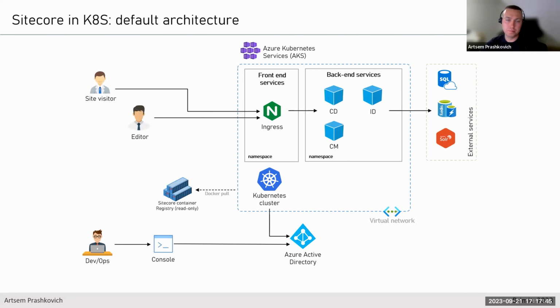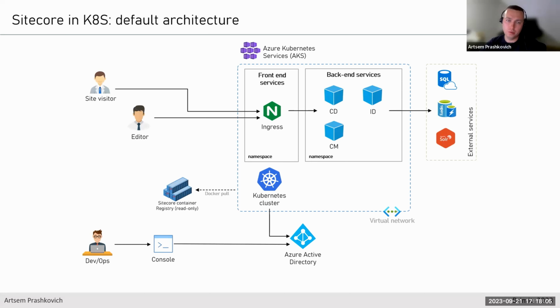So we have Azure Kubernetes Services, or AKS, which Sitecore uses to run its own environments. And we can see that we have an ingress controller, the Nginx ingress controller, which serves as a proxy server.